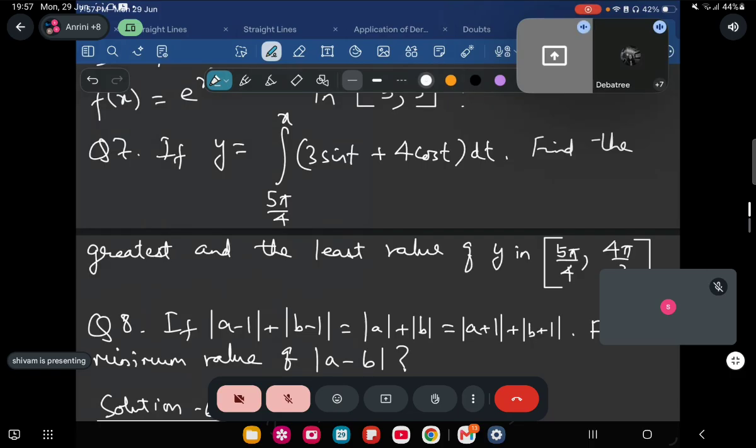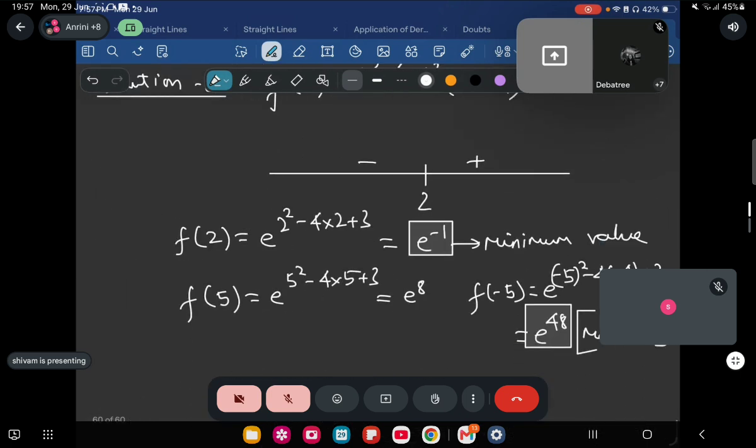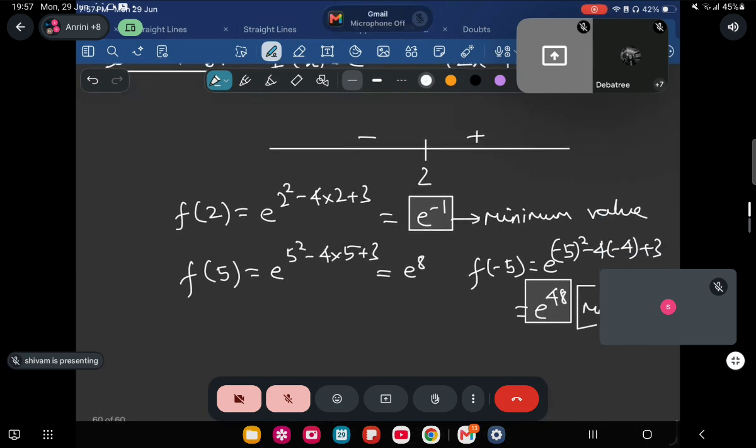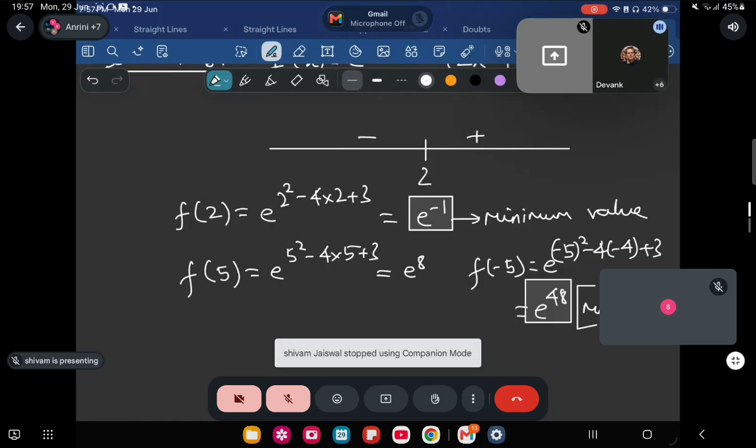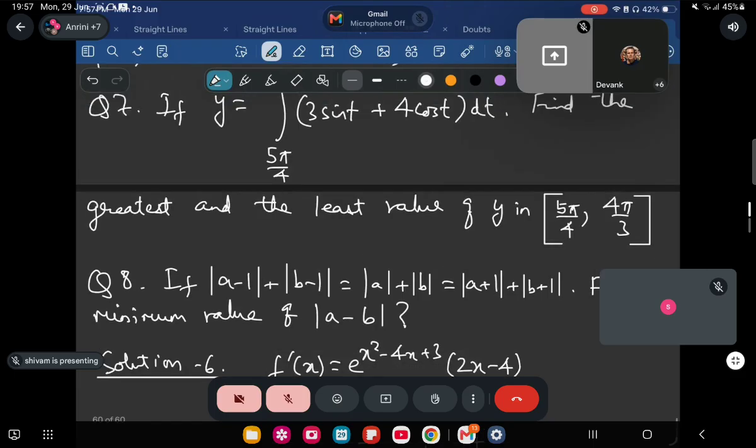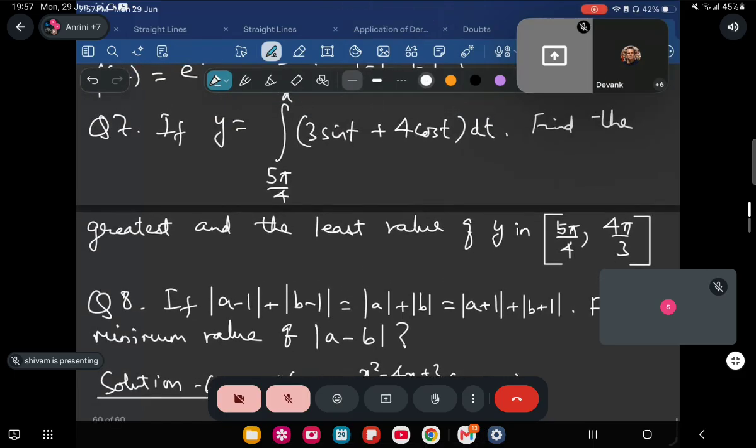I'm solving for the least. Greatest is correct only. So can you please show question number 8? Okay, so done.